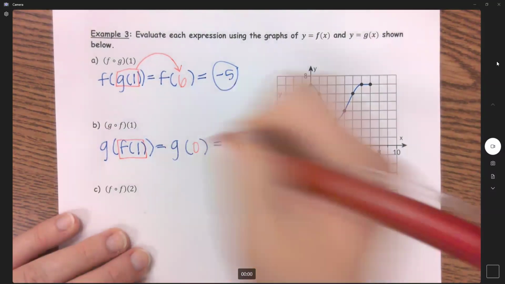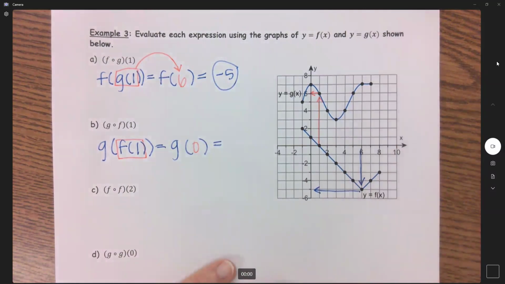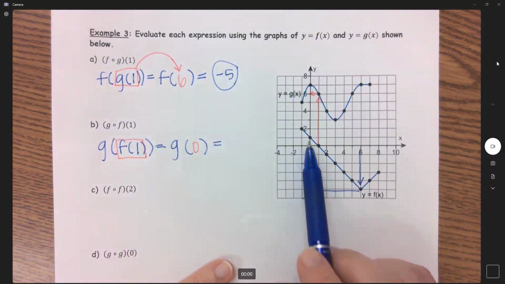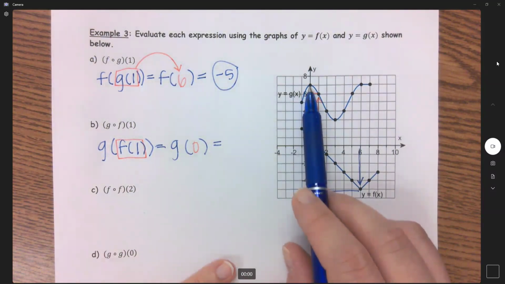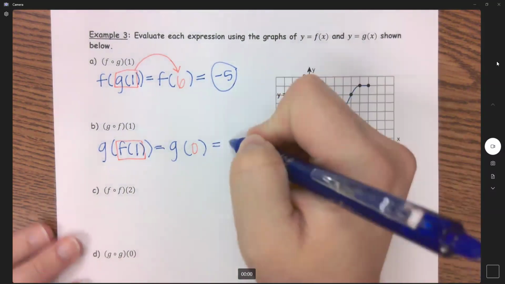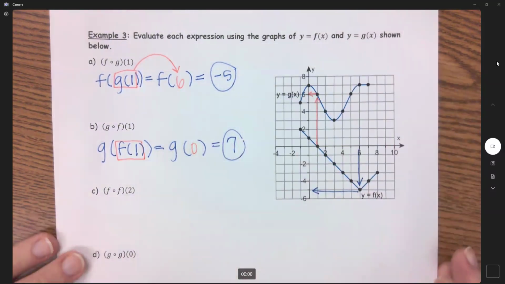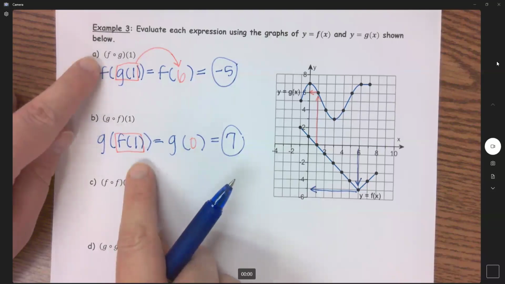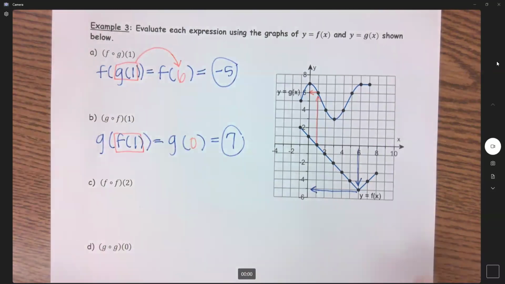That y value is 0. And then now go along your x to 0. We're going to go up past this one because that's my f of x. Go up past that one to your g of x function. And what is that y value? That is 7. So again, to reiterate, these are not the same things. Order matters. One's a -5, one's a 7.